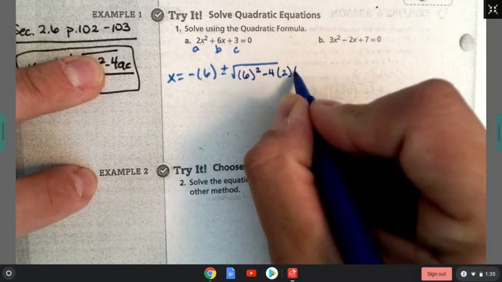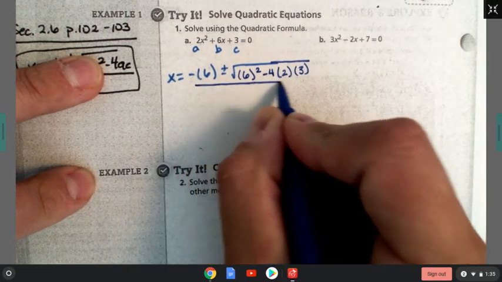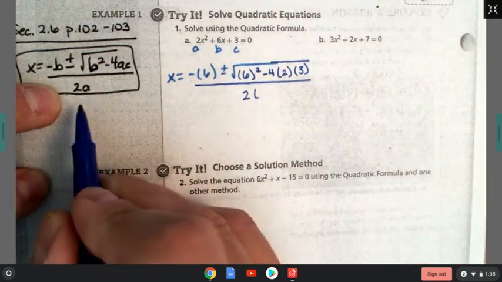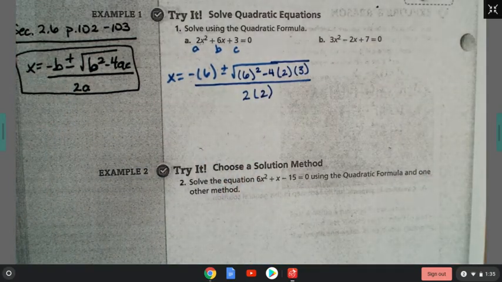A is 2, c is 3. All over 2 times a, and a is 2 again. Okay, so all I did was plug those numbers into that formula. And you'll notice every number that I put in, I put in parentheses. All right, that helps me remember those are the numbers that I put in.